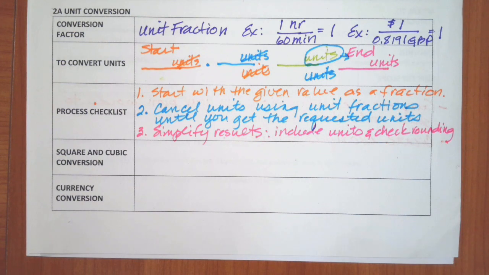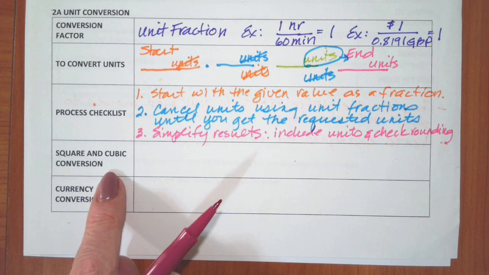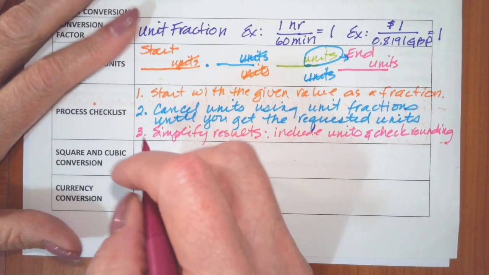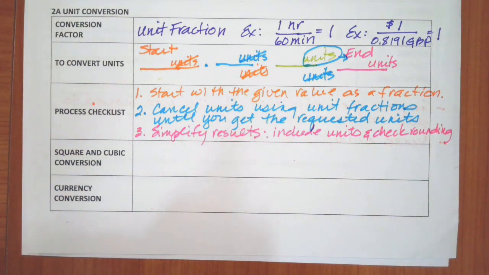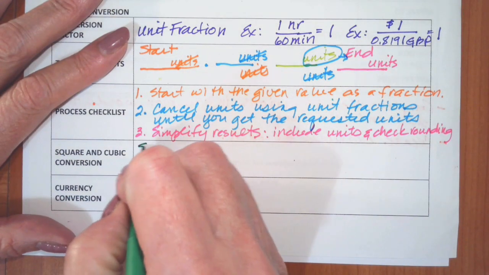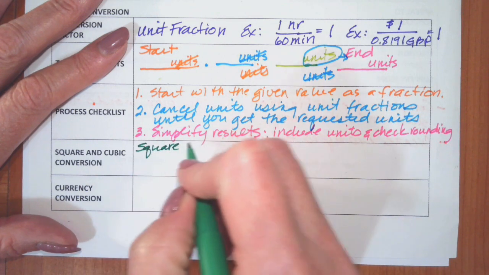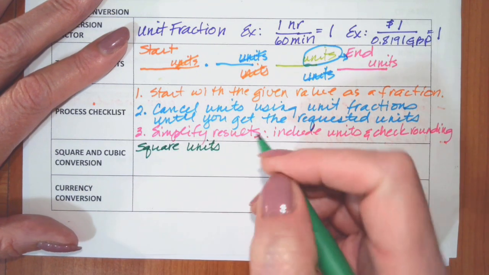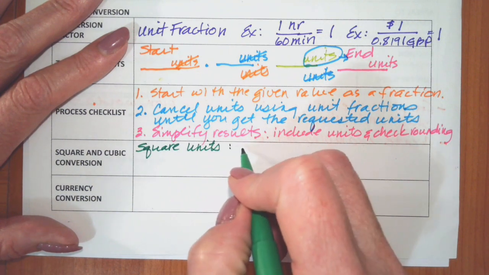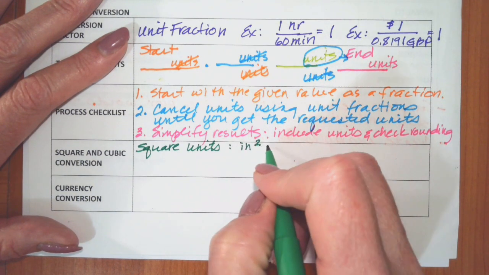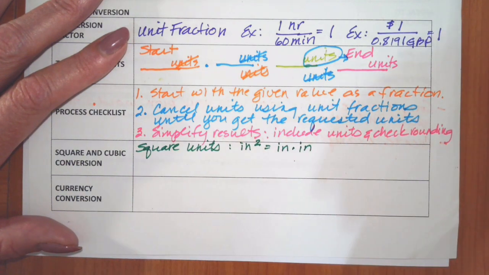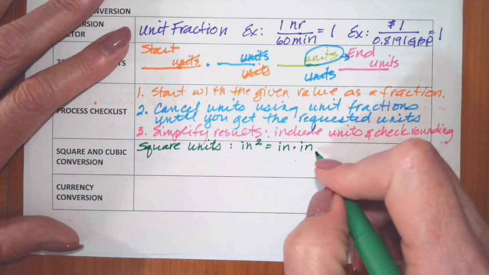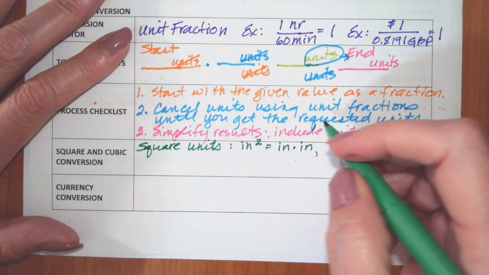Okay, so now we are going to talk about square and cubic conversions. So let's say you have square units. For example, if you have inches squared, that actually means inches times inches. So if you're going to another unit, you're going to have to get rid of the inches twice.